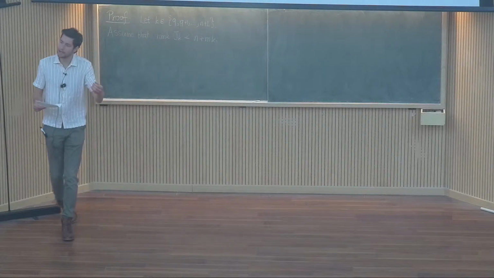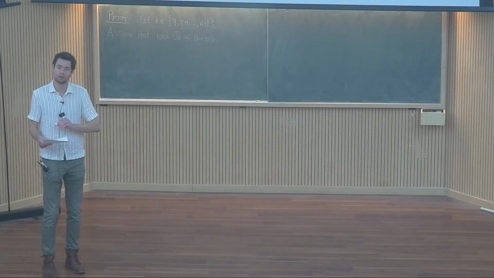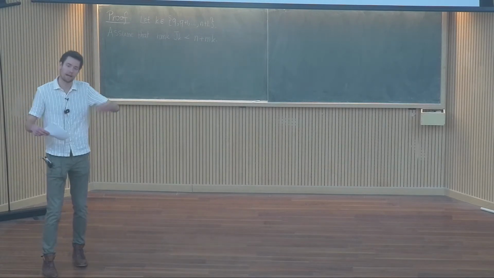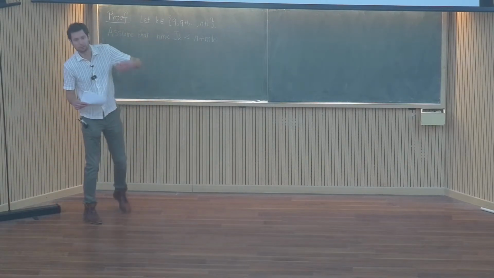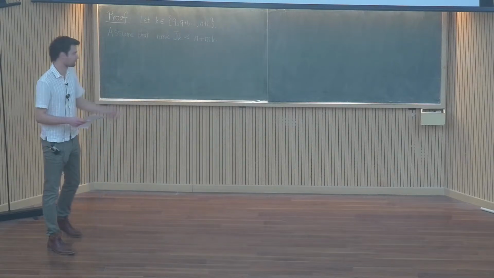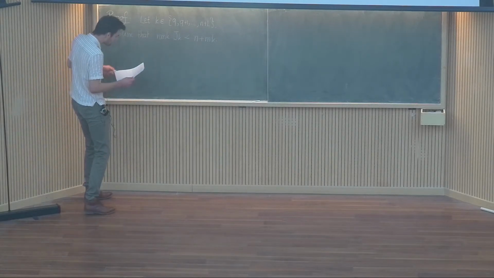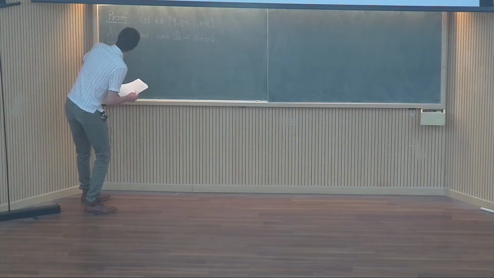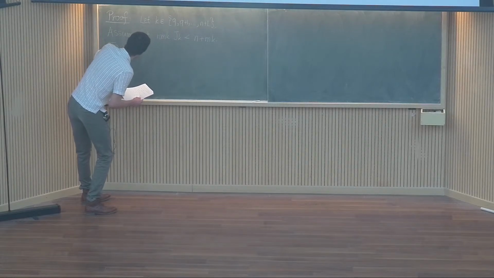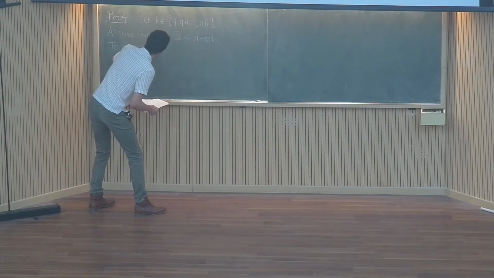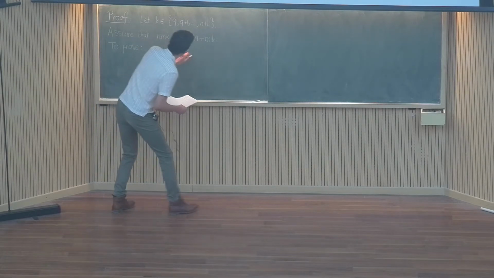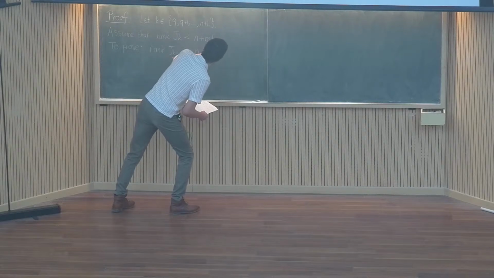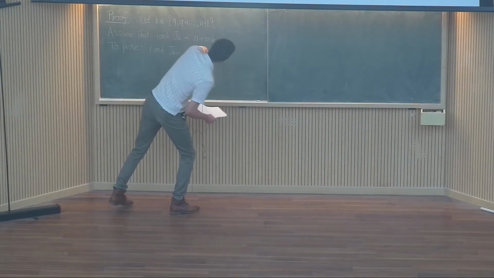My goal is to prove then that also J_{k+1} does not have full row rank. And then the claim follows by induction. If J_k doesn't have full row rank, the next one also doesn't have full row rank, and so on. So to prove, also the rank of J_{k+1} is less than n plus m(k+1).